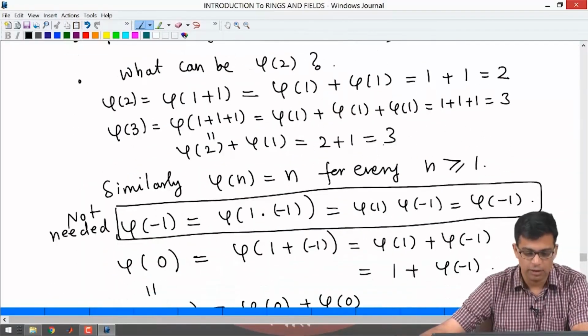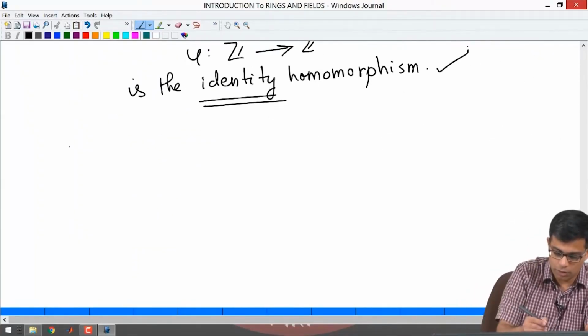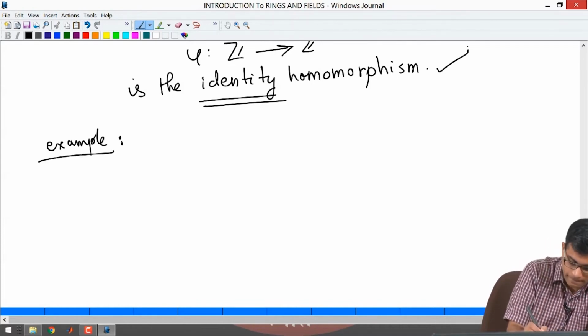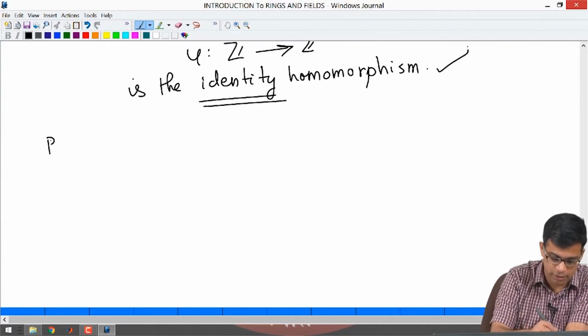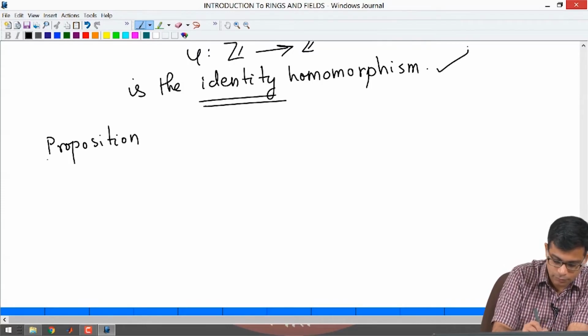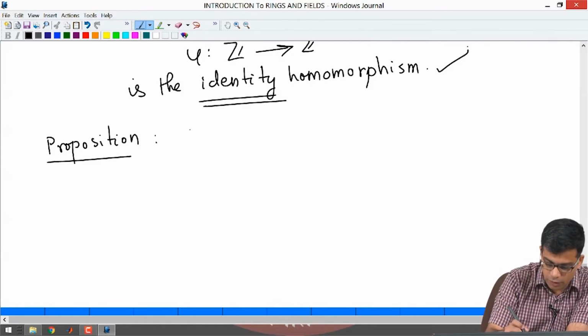So, now this is one example which is very important. Let us slightly generalize this example to find out an important property about rings. So, this is another example, really a proposition. Let R be a ring.